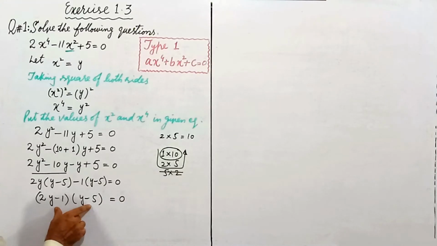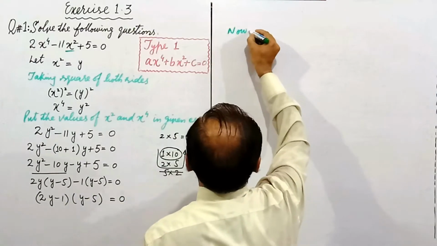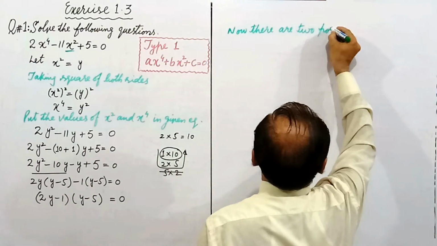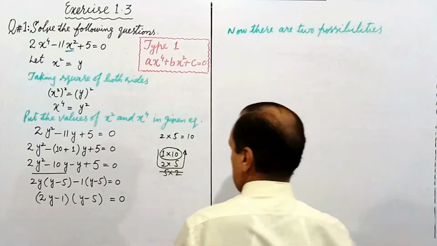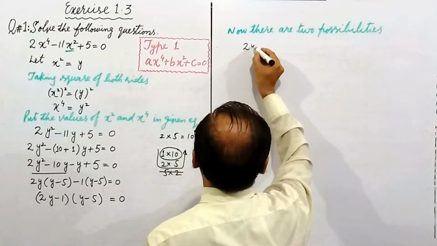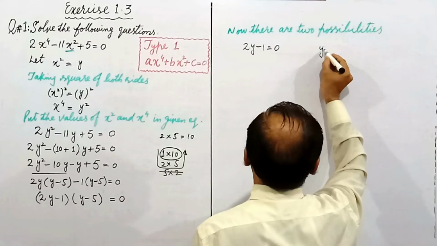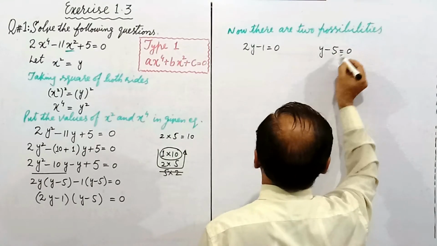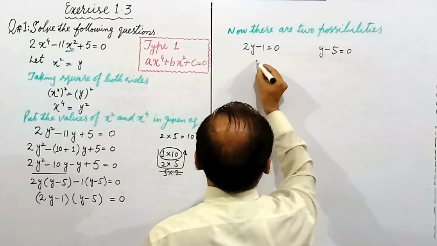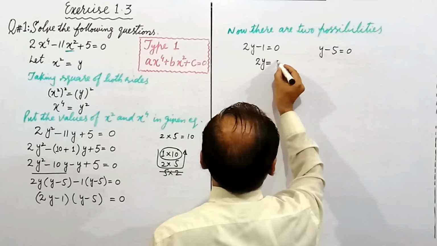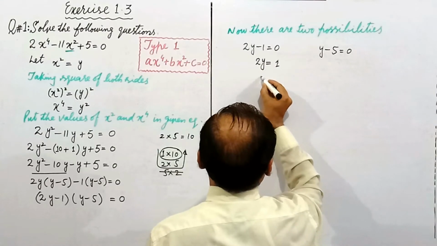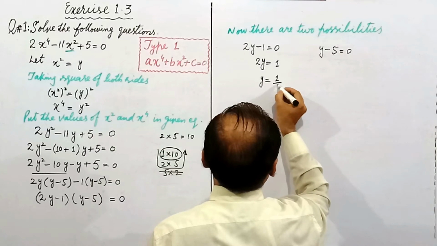As the product of the two factors is equal to 0, there are two possibilities. In the first possibility, 2y minus 1 is equal to 0, and in the second, y minus 5 is equal to 0. Minus 1 is taken to the right hand side, so we have 2y is equal to 1 and y is equal to 1 over 2.